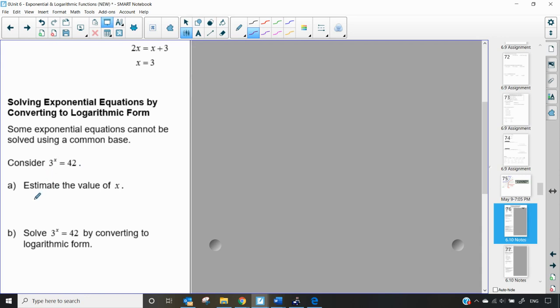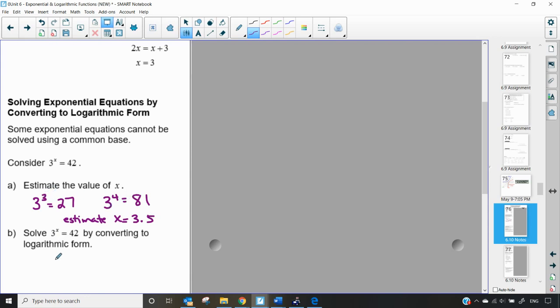So for example, we know that 3 cubed is 27. And we know that 3 to the 4th is 81, and we know that 42 falls somewhere in between there, and probably right about halfway in between them.